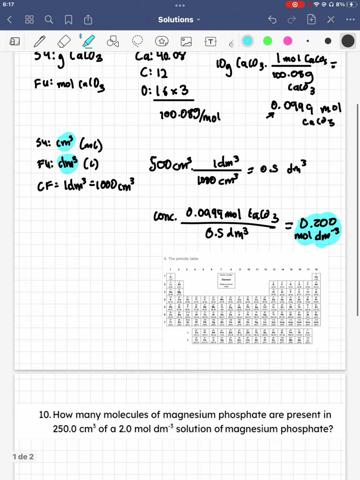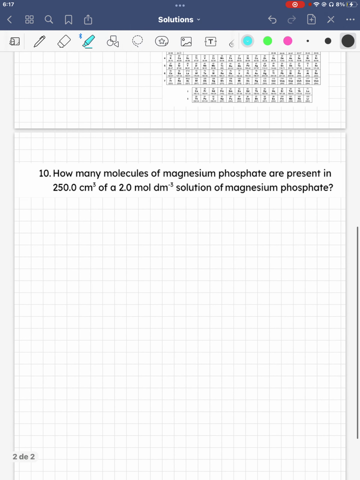All right, next problem, number 10. How many molecules of magnesium phosphate are present in 250 cubic centimeters of a 2 molar solution of magnesium phosphate? So, starting unit is, I have centimeters cubed of 2 molar magnesium phosphate.